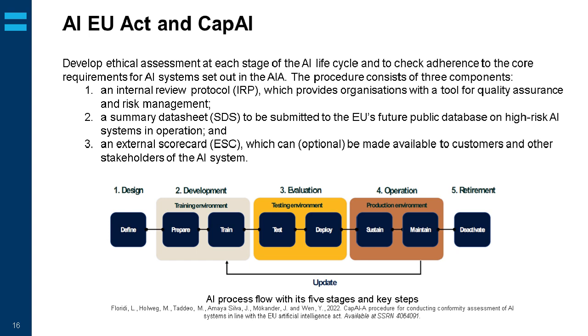Some of these will always be submitted to the EU, as part of their public database, but all of these together allow those organizations that have gone through this process to demonstrate that they conform to the key principles laid out in the EU AI Act.